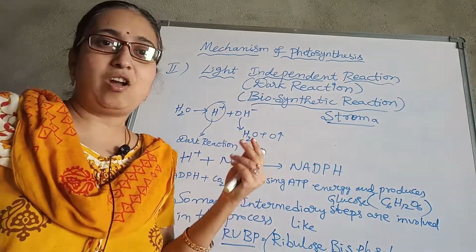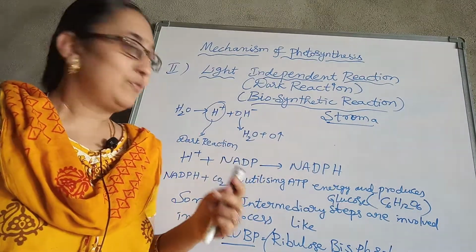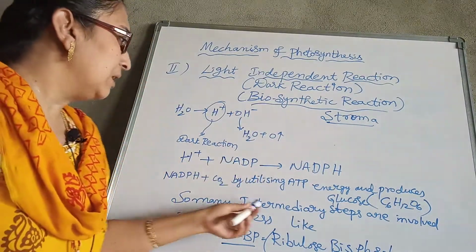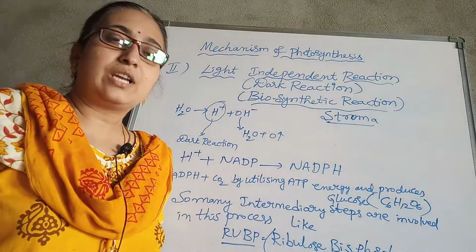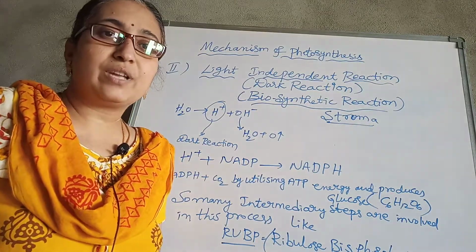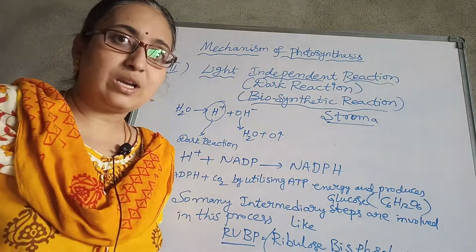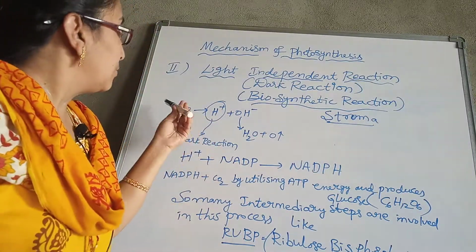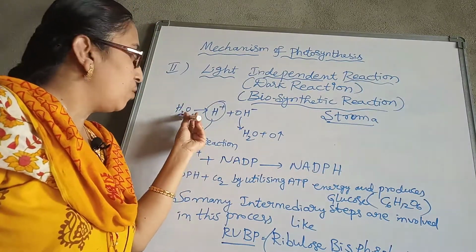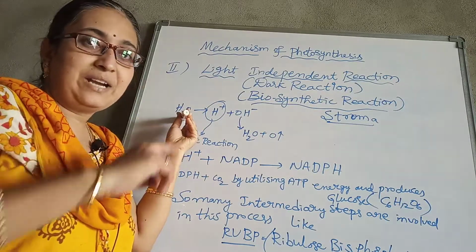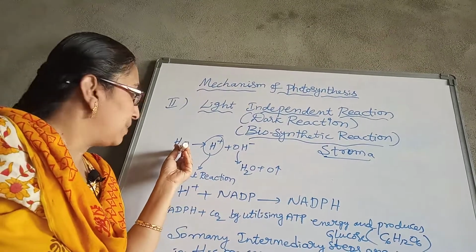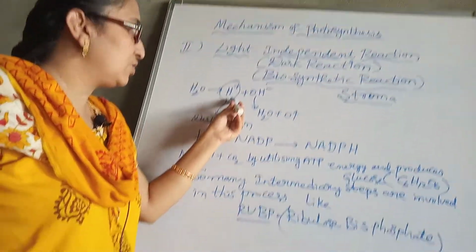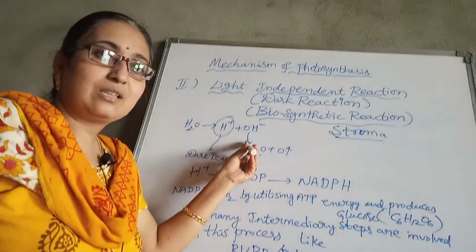For the preparation of the food molecule, that is glucose, so many reactions take place, called intermediary reactions or intermediary steps, which are required for the formation of the complex molecule. In the light reaction I explained that by photolysis the water molecules split into H plus ions and OH minus ions.